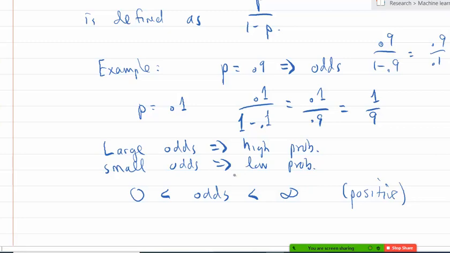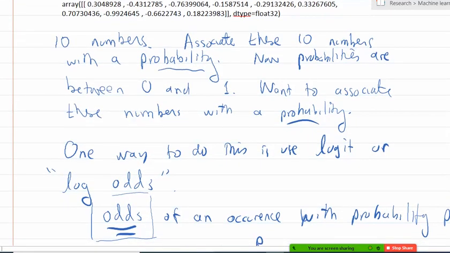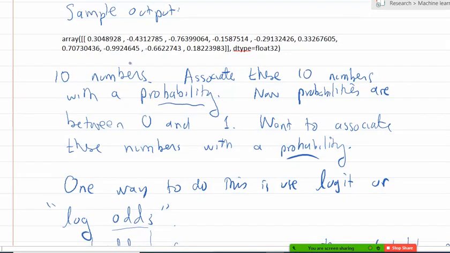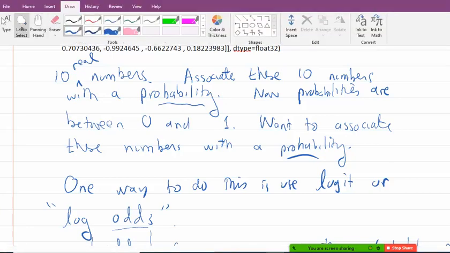All right, so I've associated with the probability a number between 0 and infinity. But what I want to do is associate a probability with a number between minus infinity and infinity. So these are 10 real numbers, which are positive or negative. I want to associate these 10 real numbers with 10 probabilities.